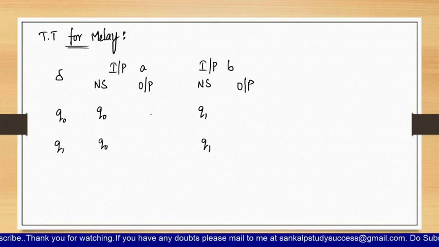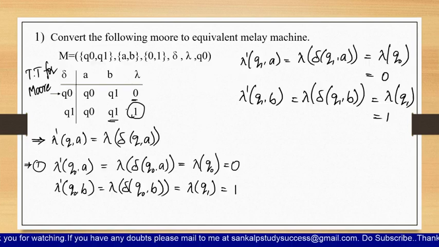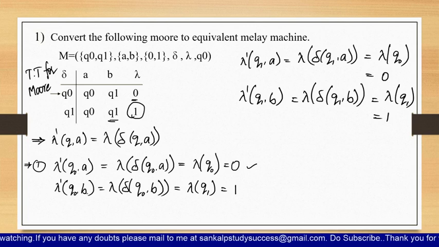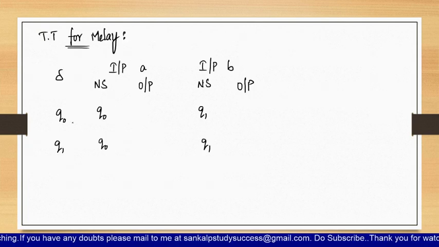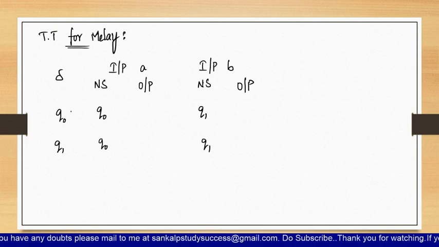So same values, but each and every output is different, because it is lambda dash of q0 with a. So we got lambda dash of q0 with a as 0, lambda dash of q0 with b as 1. So here by applying input a for q0, we get the output as 0 and here we got 1.